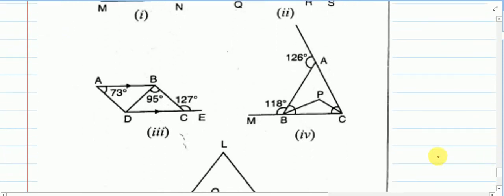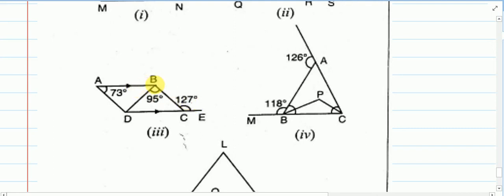Now see number 3. Here we have to say whether AB is bigger or BD is bigger. It's given that AB is parallel to DC, and here you can see it is 127.